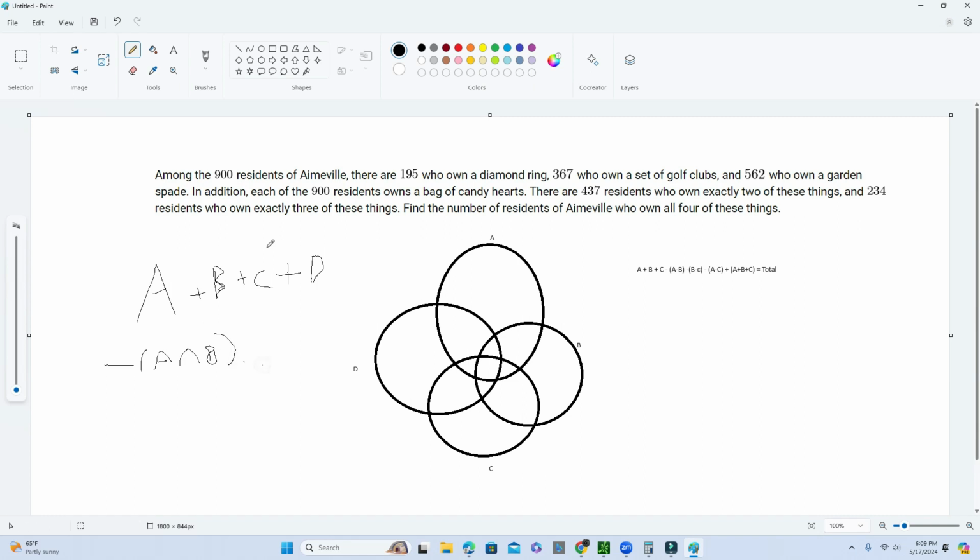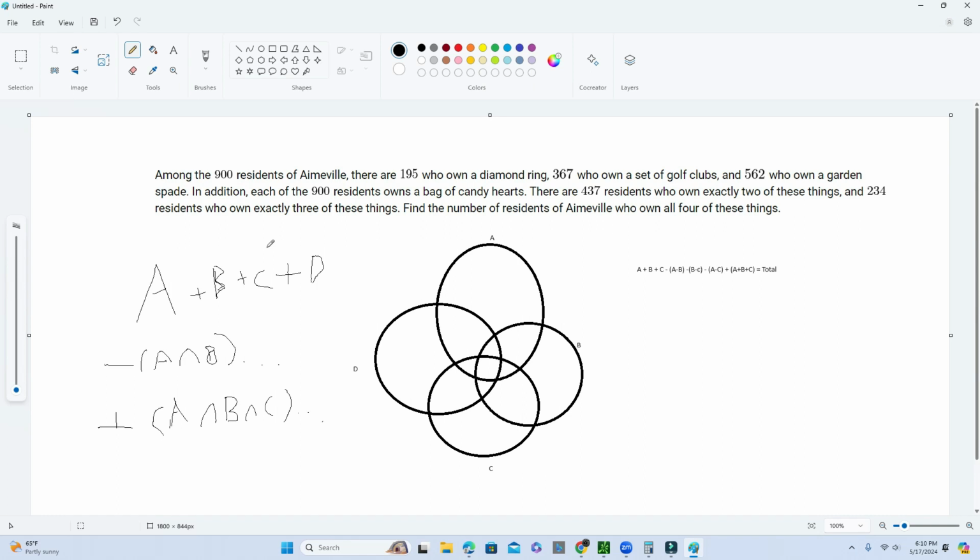I'm just going to write dot dot dot to represent that. After the overlaps in the 2's, it would be the overlaps in the 3's, so plus A overlap B overlap C, dot dot dot, because you get the idea.